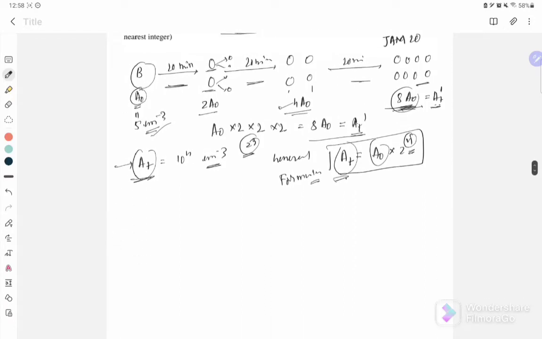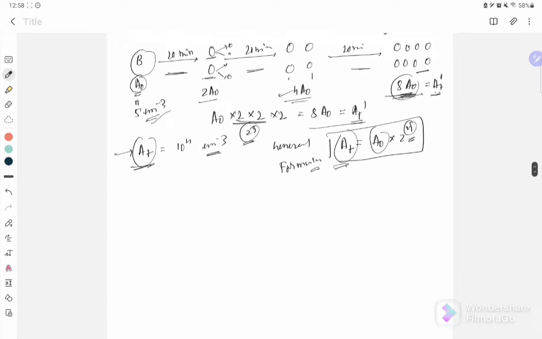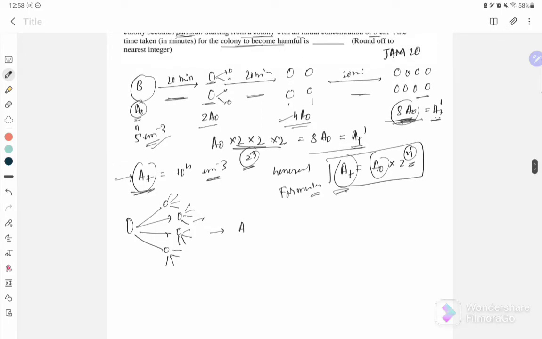If it were 4 daughter cells, from one mother cell producing 4, and again after some time each also producing 4, then the repeating unit is 4, and for that condition AT will be A0 into 4 to the power n.